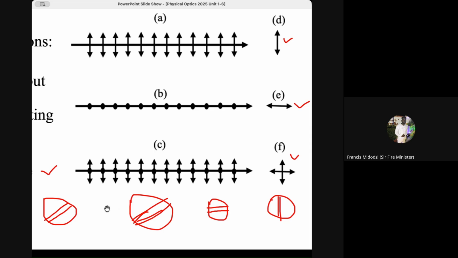So for me, I think because of the nature of the F, it is like horizontal and vertical, right? So if it is passing through a polarizer that is vertical, definitely if you chop off the other side, then it will pass through vertically. And if it's horizontal, if you chop off the other side, it passes through horizontally. But with this one that you're talking about, it's diagonal.